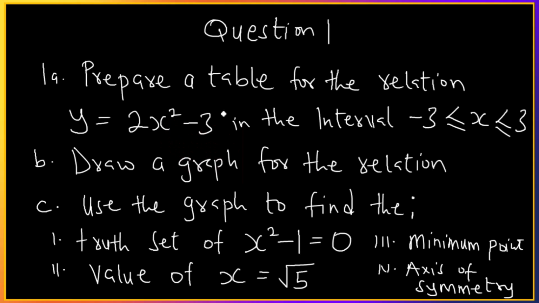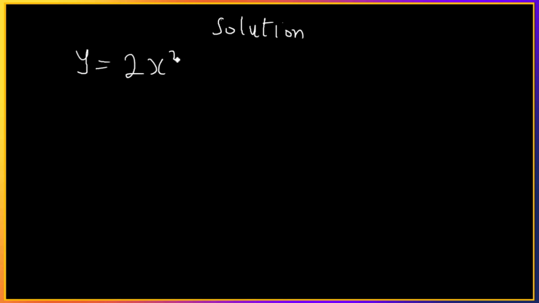So the first one, we are going to prepare a table for the relation y equals 2x squared minus 3 in this interval. So in preparing a table for our equation y equals 2x squared minus 3, we are going to come out with the values of x which was given.